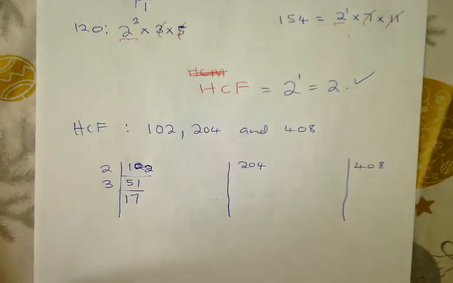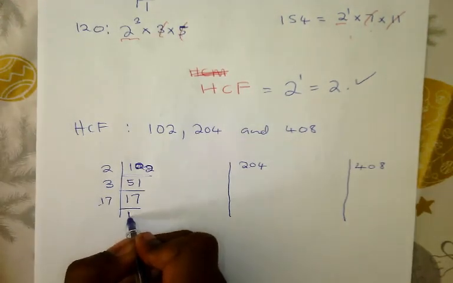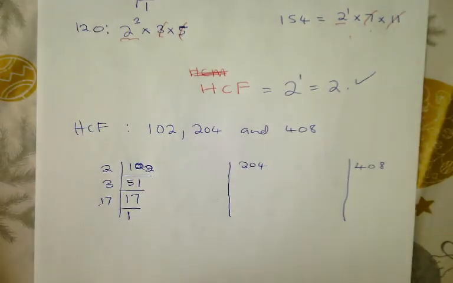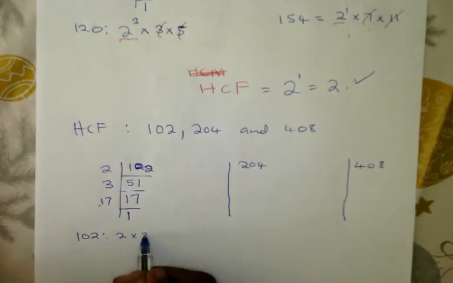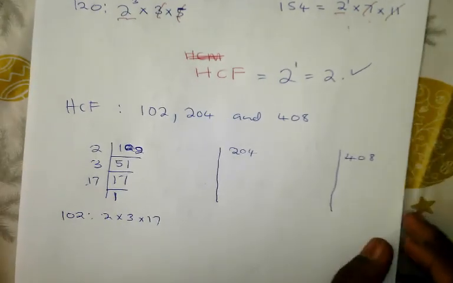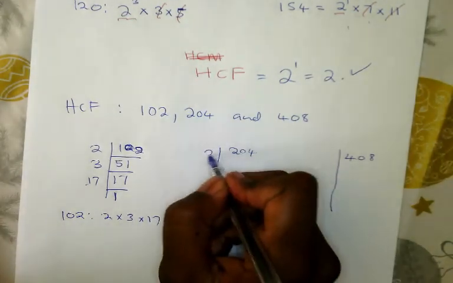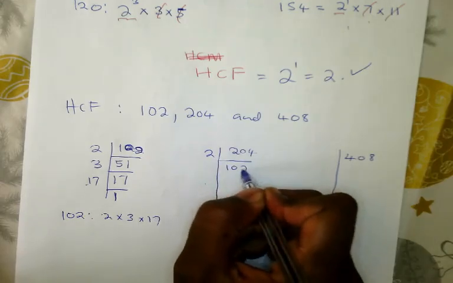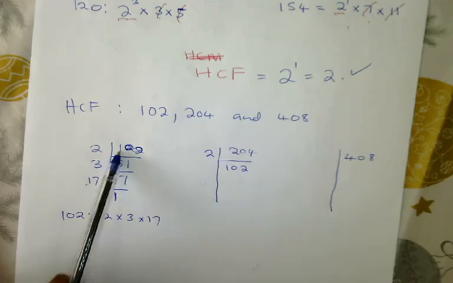This is a prime number, so 17 goes into 17 how many times? Are we clear, guys? Okay. So meaning the prime factors for 102 is 2 multiplied by 3 multiplied by 17. Let's do this one, 204. 2 goes into this 102, and then it gives us this number, so we can continue with this.